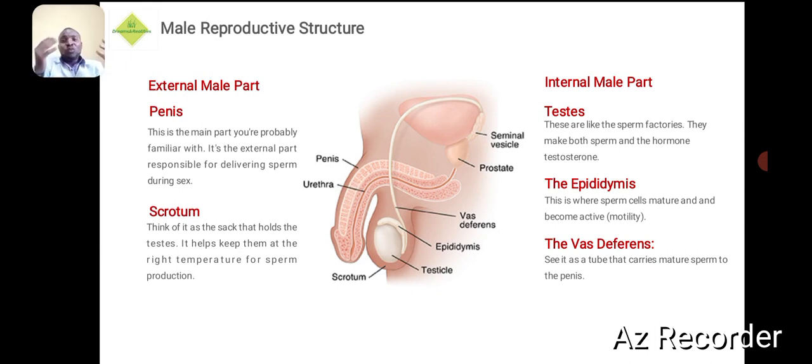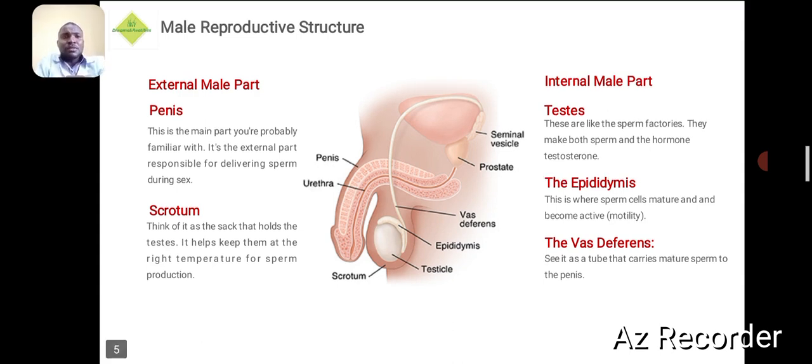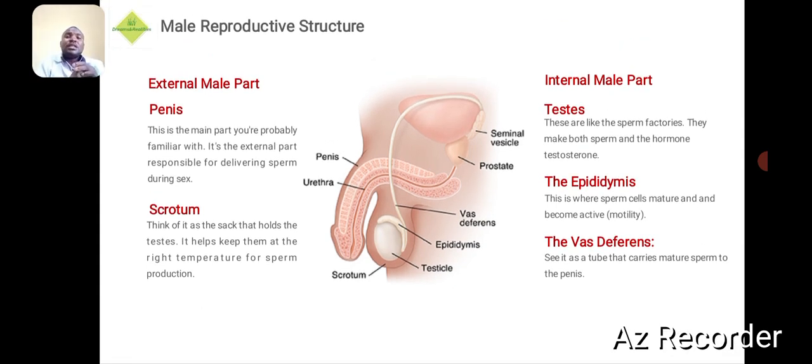Whenever we talk about the male reproductive system, what comes to the mind of virtually everyone is the penis, because that is what is commonly known, and it is the most conspicuous of the external male reproductive organs. It has the responsibility of delivering sperm during sex into the vagina of the woman.